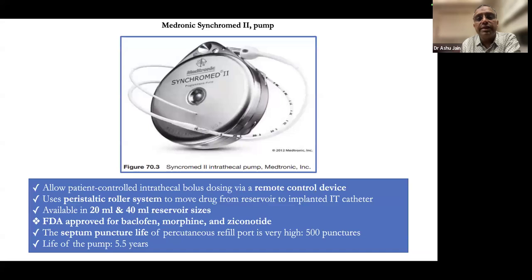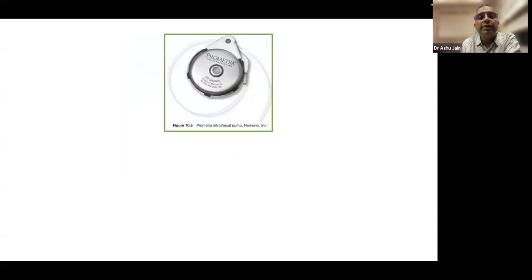So it's expensive, and while selecting our patient, we must talk to the patient about the duration of the life of the pump, because it is not a one-time phenomenon like the Tricumed pump. It has to be changed almost every 5 years. And if your infusion rate is high and you have to adjust it again and again and give boluses, the battery can end even before that.